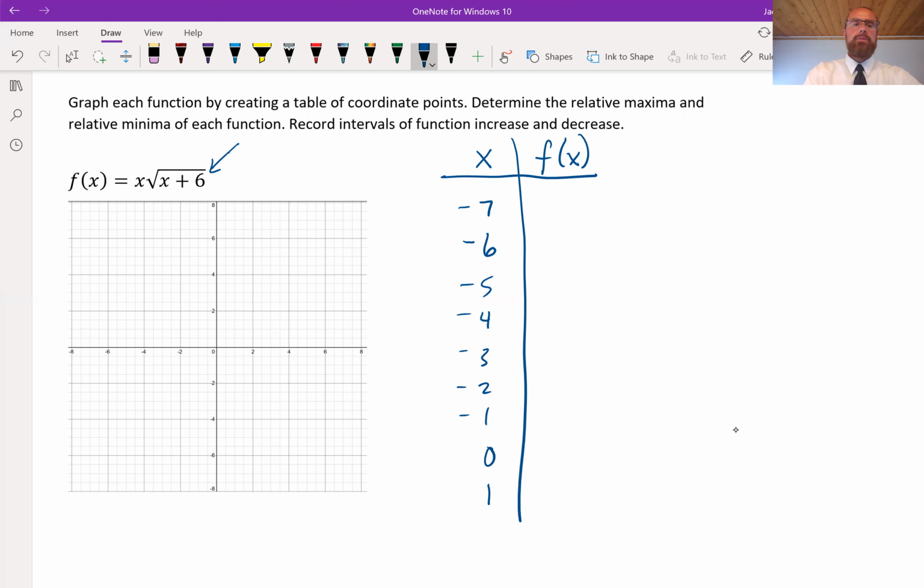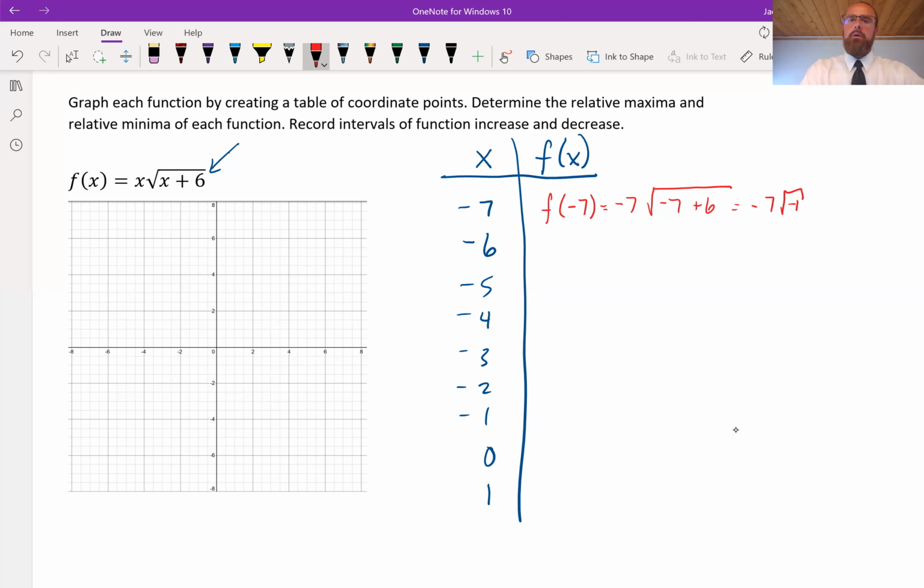So for this first x value of -7, we're going to calculate f at -7. And I'm going to substitute -7 for any x value. So that's -7 times the square root of -7 plus 6, which is -7 times the square root of -1. -6 plus 6 is -1.